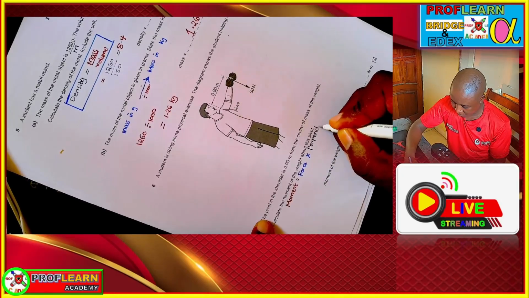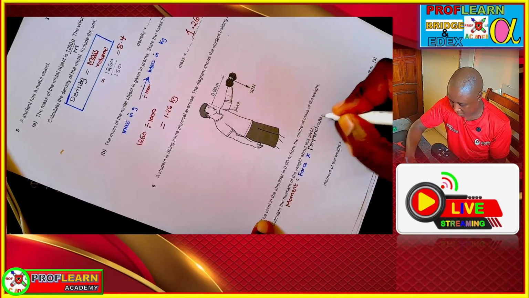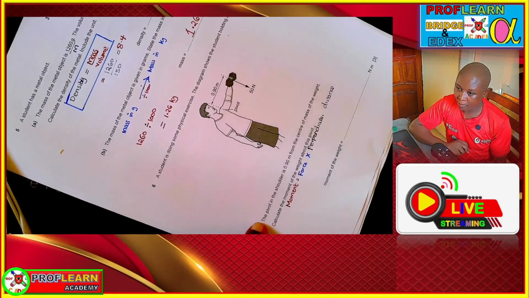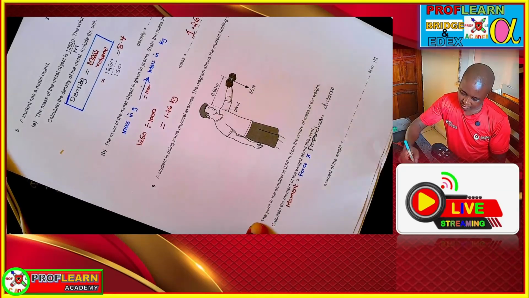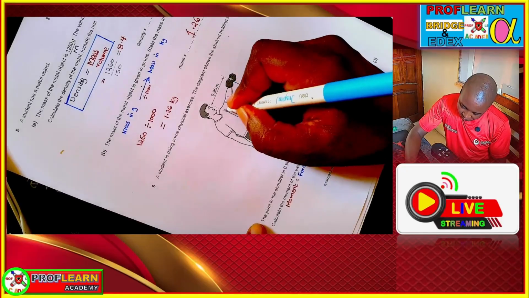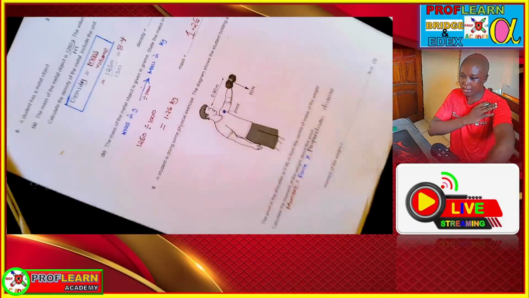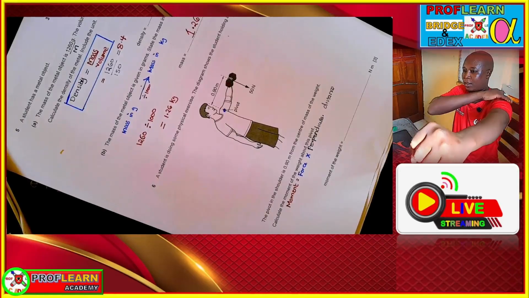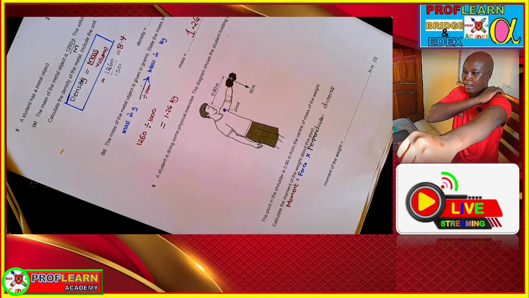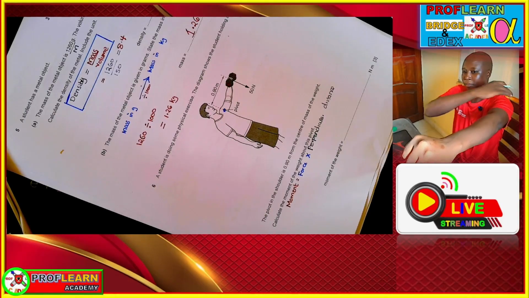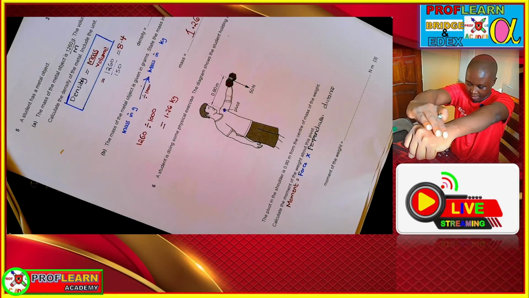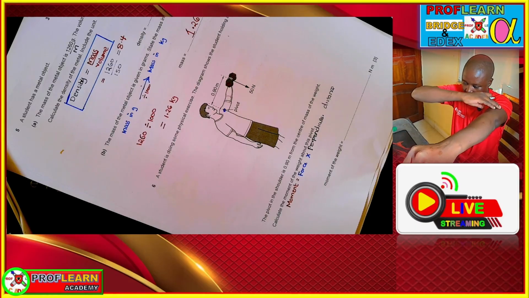from the pivot. So in that case, our pivot is here. That's where the turning effect is. The distance from where the force is held to the pivot, the distance here, is 0.9 meters.